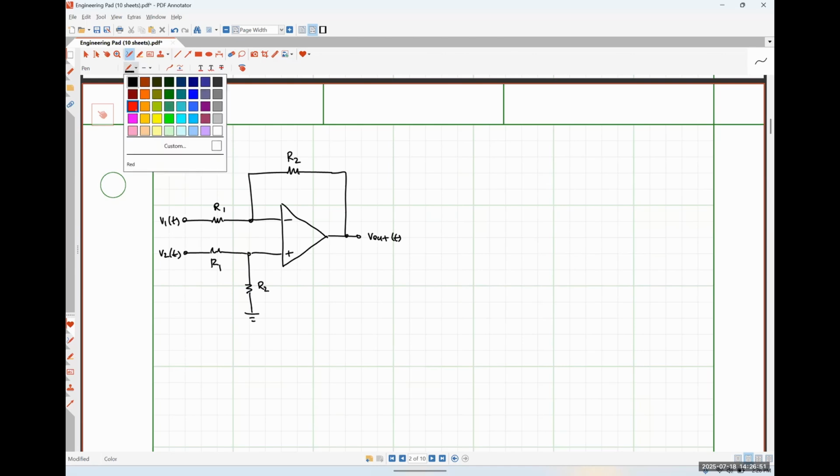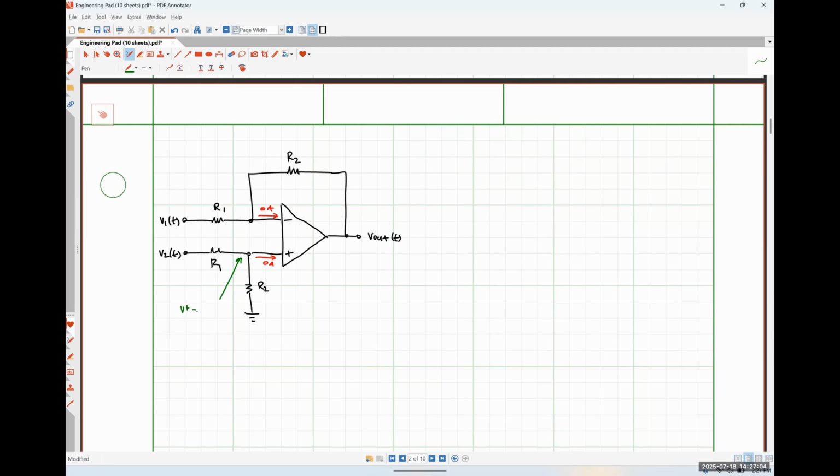So I'm going to ask you for a little bit of help in figuring out what our voltage at the non-inverting input terminal should be. Does anybody have any thoughts on how we might find that voltage I just labeled V plus?